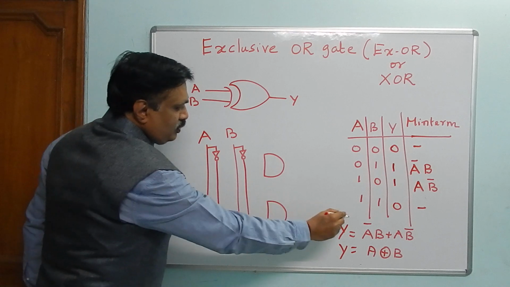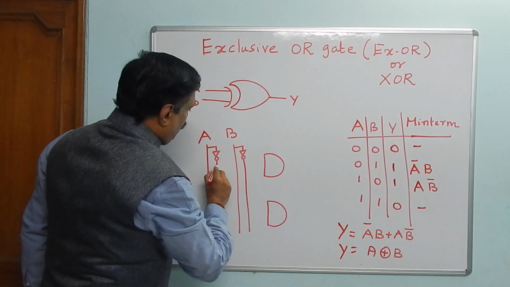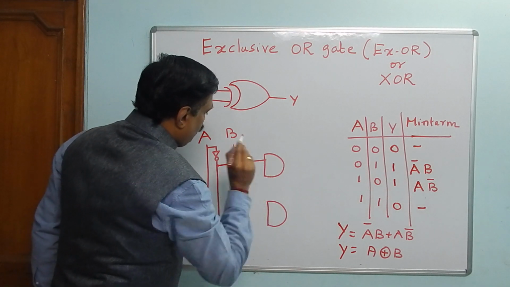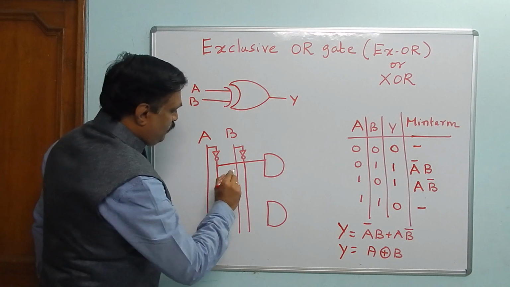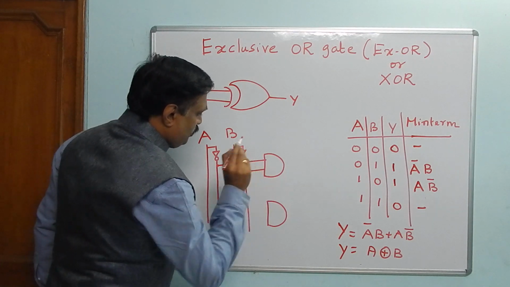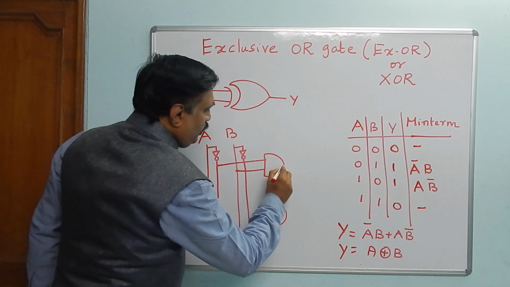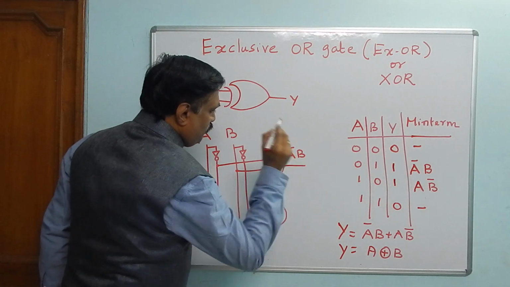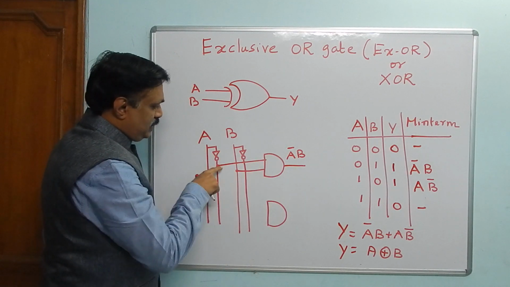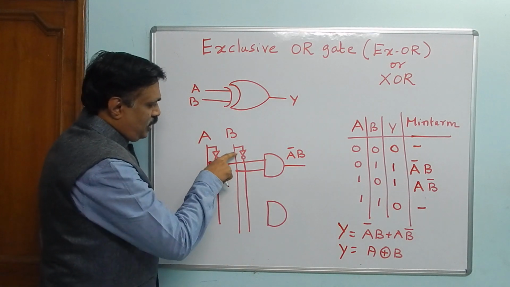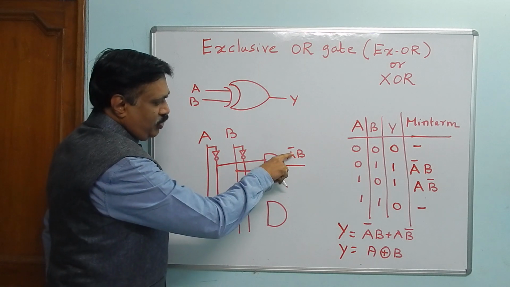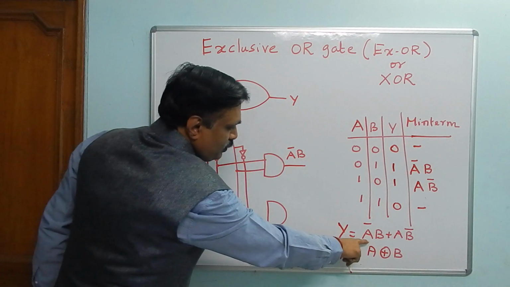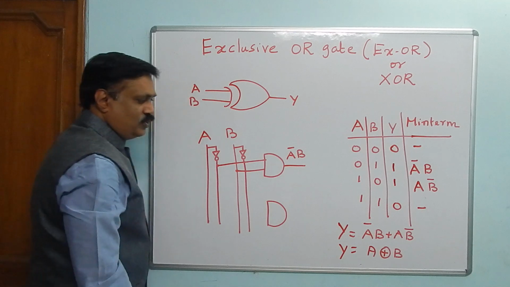Okay. Now A bar B, therefore you connect A bar and B here. Now here you are getting A complement B. This term we have produced.